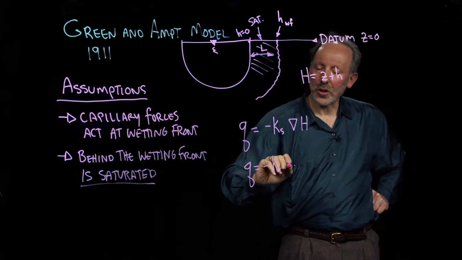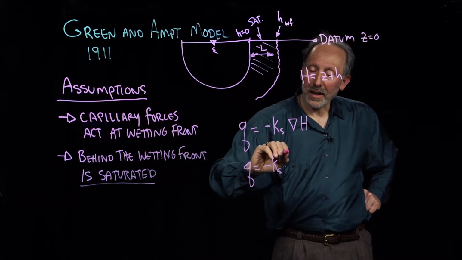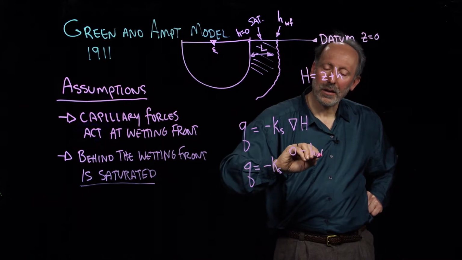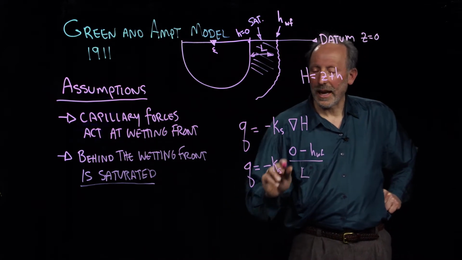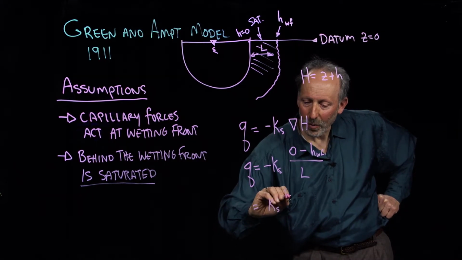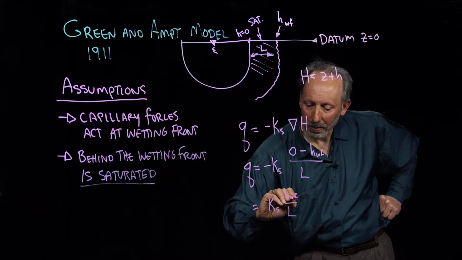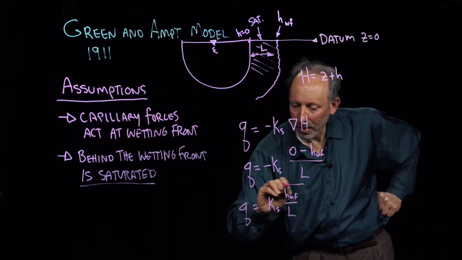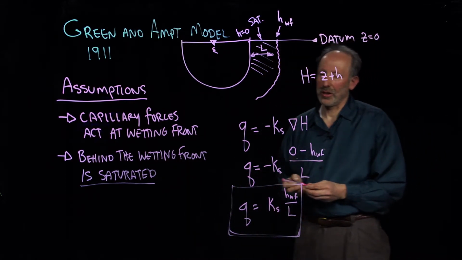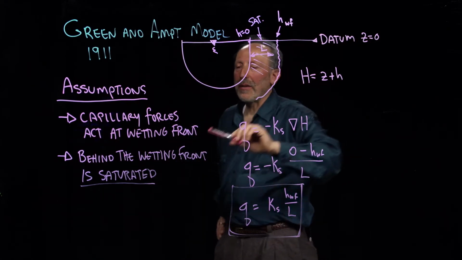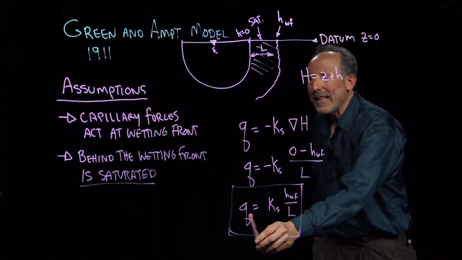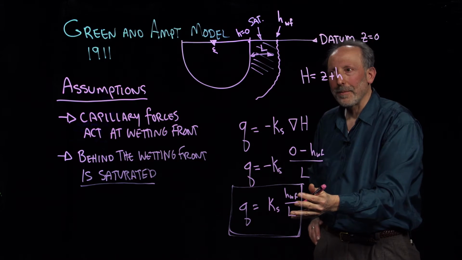Notice this is a negative number, so it's going to be H here is 0, 0 minus H wetting front over L. And so this comes down to equals Ks H wetting front over L. So this very simple set of assumptions that we have a capillary force that's driving things at the wetting front, and behind it the system is saturated, allows us to immediately calculate the flow of water into the system.